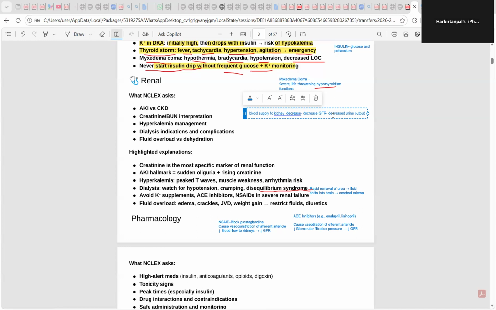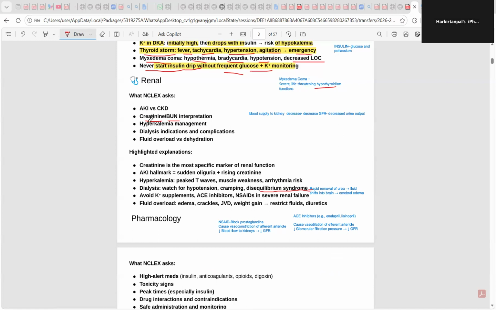No. Creatinine, blood urea nitrogen, and potassium will not be eliminated through the urine, so it can lead to what? Accumulation. Accumulation of the creatinine, accumulation of the blood urea nitrogen, and accumulation of the potassium.